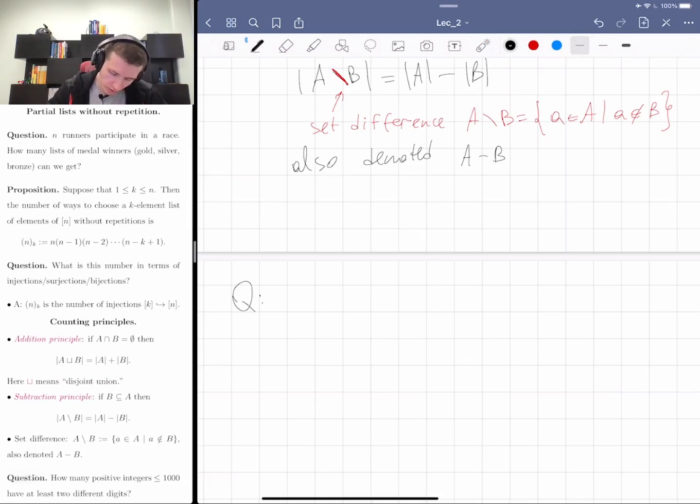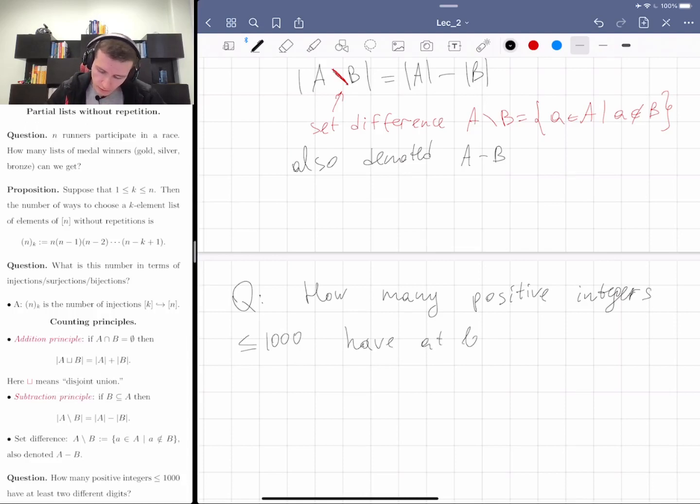How do we count how many positive integers, which are positive and at most 1,000, have at least 2 different digits?